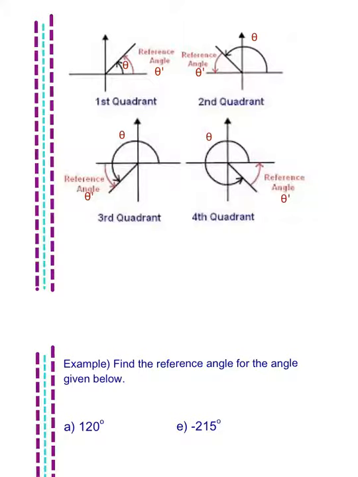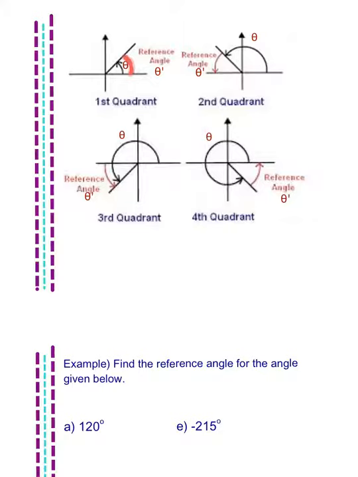So if your terminal side lands in quadrant 1, the first quadrant, the reference angle is just equal to the original angle because you're always going terminal side to x-axis. So this is my reference angle right here. So the reference angle will just be the original angle.